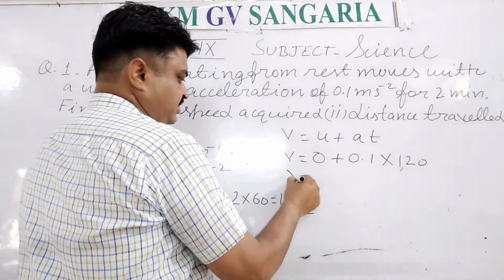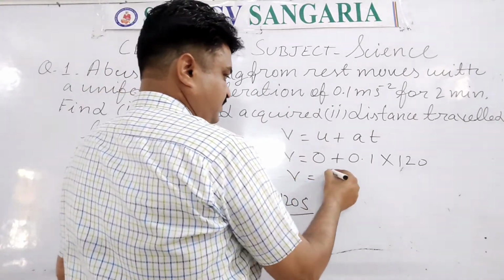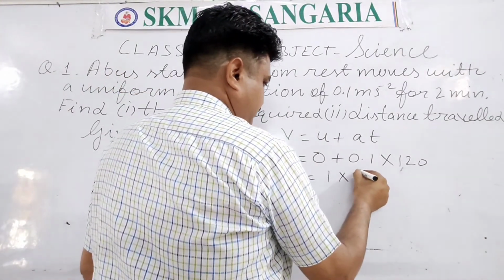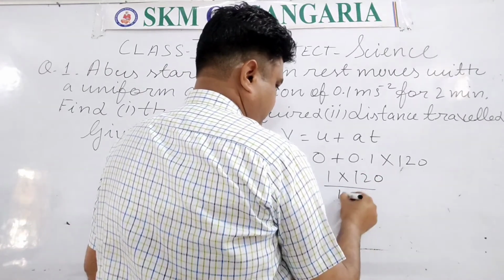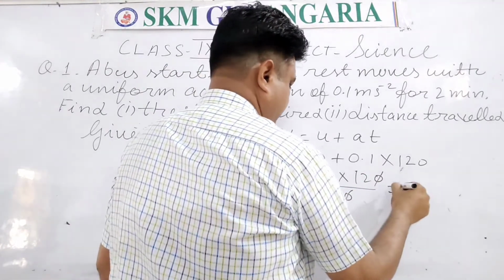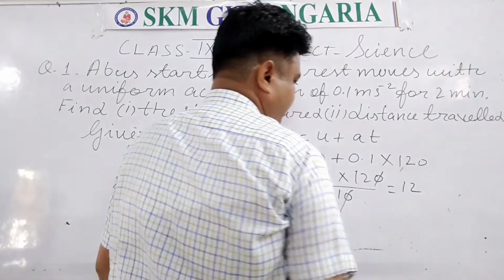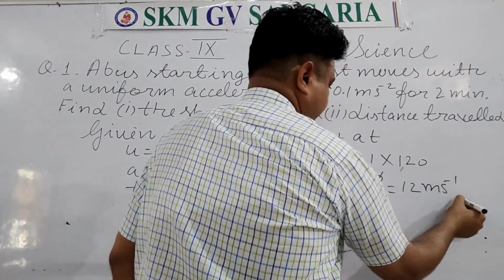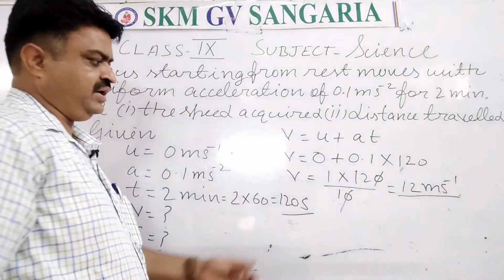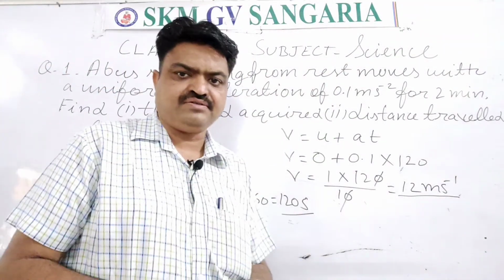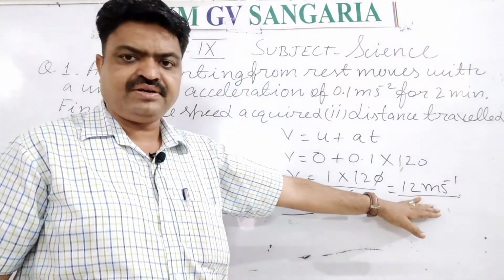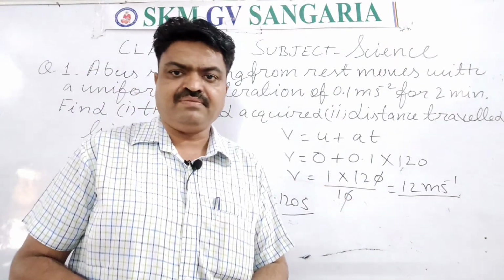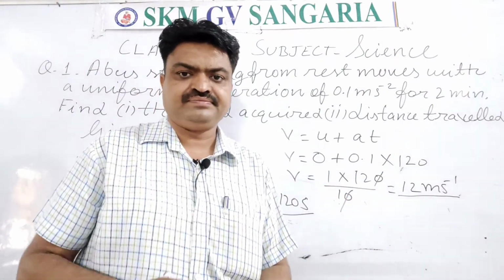Now you will get the answer: 120 upon 10, and V will be 12 meter per second. So we will get V, meaning final velocity, and it will be 12 meter per second.